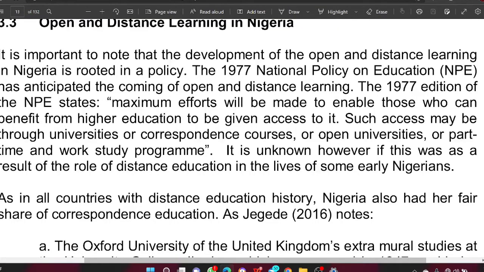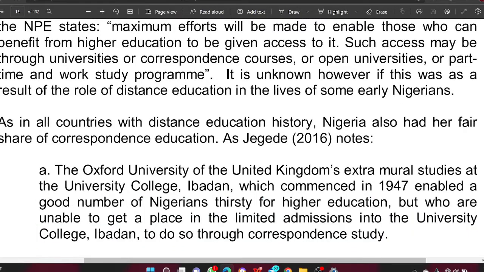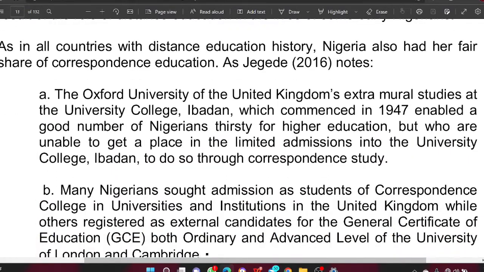As in all countries with distant education history, Nigeria also had her fair share of correspondence education, as Jegede 2016 notes.